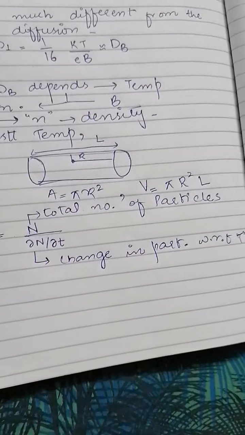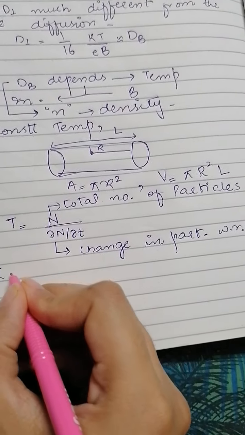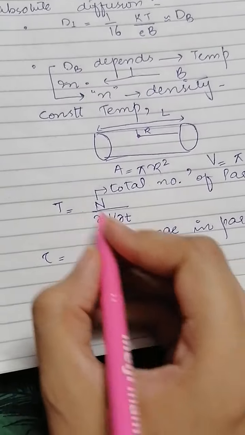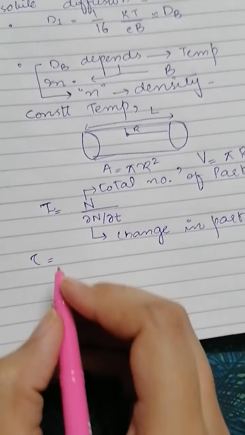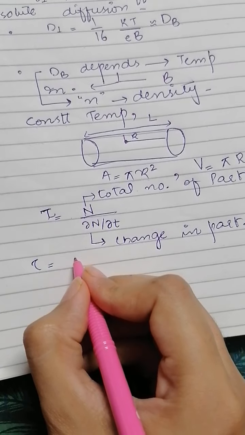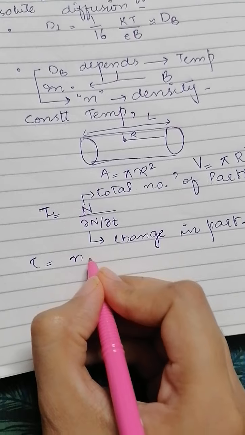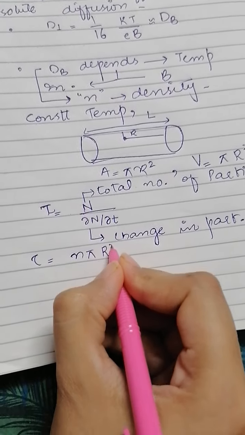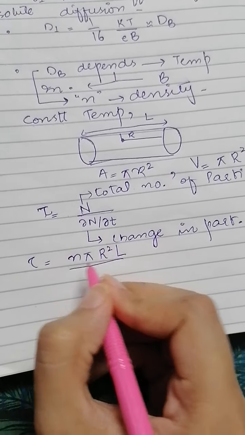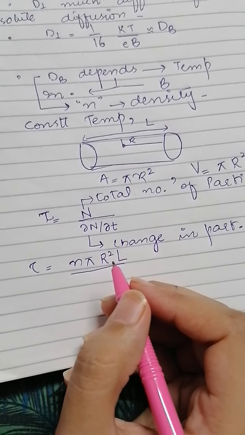For this we can write it as n pi r square L over S, the total number of particles.